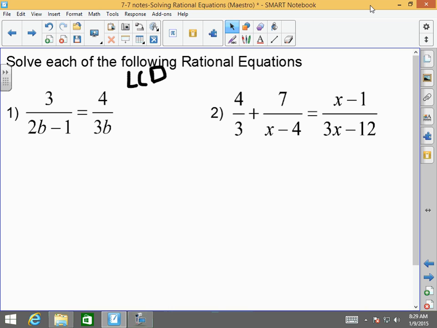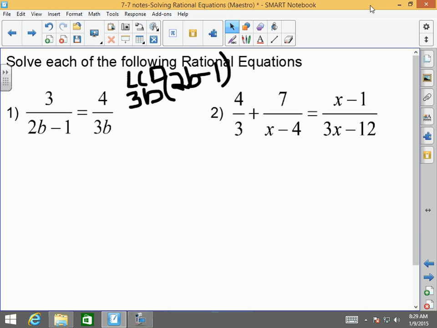The numbers are 3. What about the single variables alone? B. What about the polynomials? So what is the LCD here? 3b times 2b minus 1. Okay? That is the LCD.